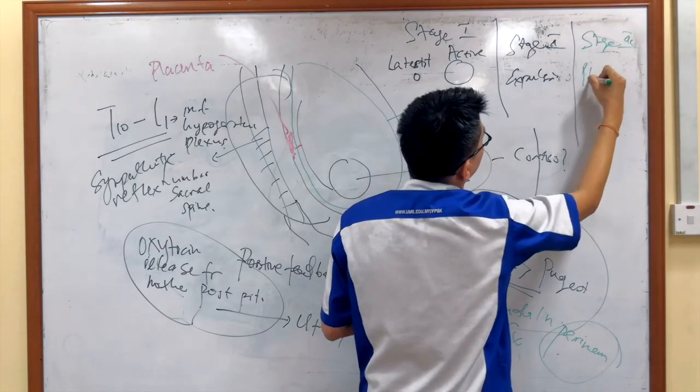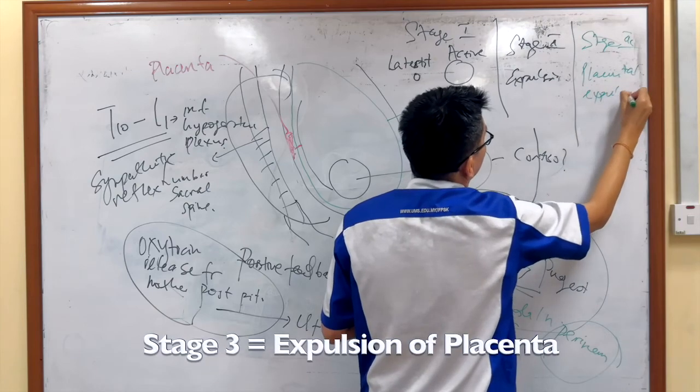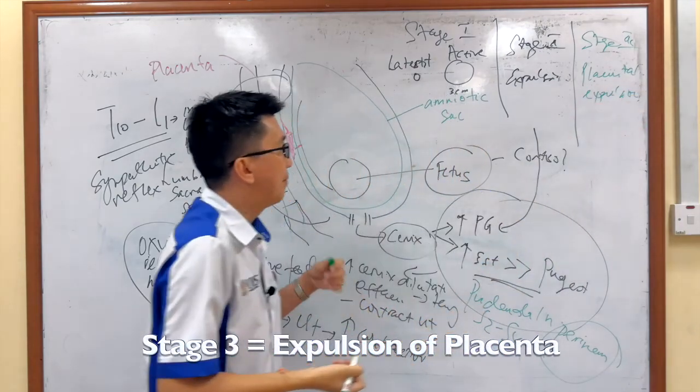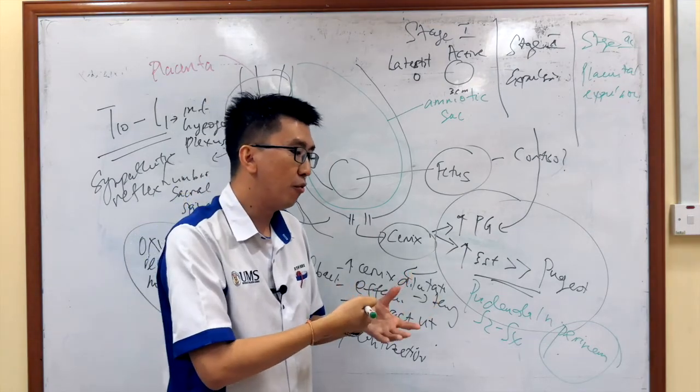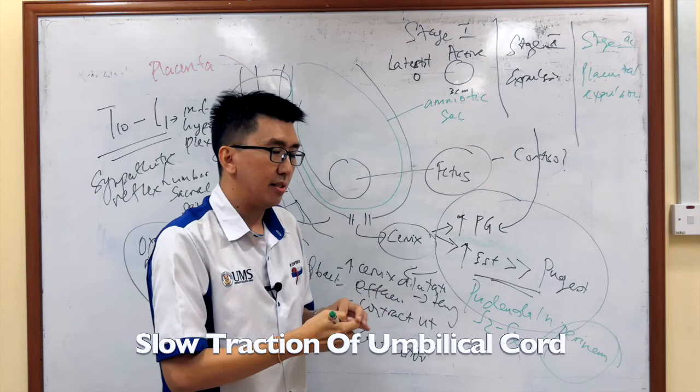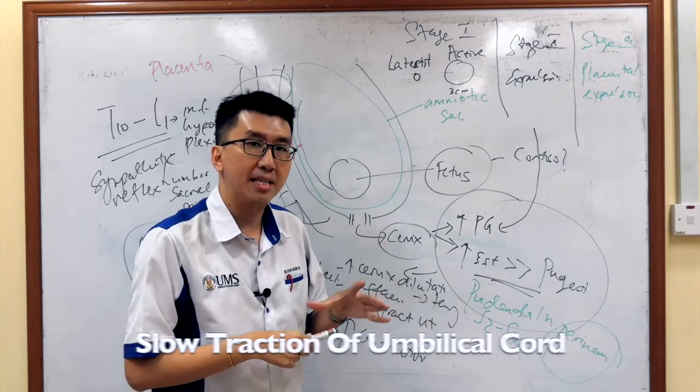the placenta will be expulsed. When the placenta has been expulsed, we have to slowly check the placenta cotyledons and make sure it is complete and there is no retained placenta.